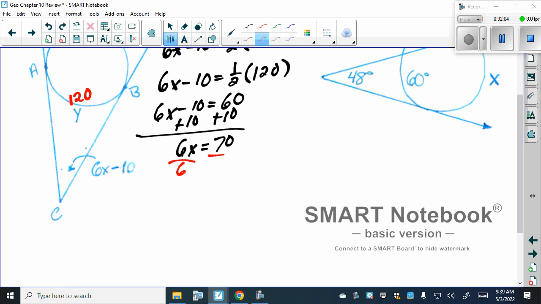Divide both sides by 6. 110 over 6 repeating. 11.6 repeating, or 11 2/3. Or 11 4/6. Either one works.